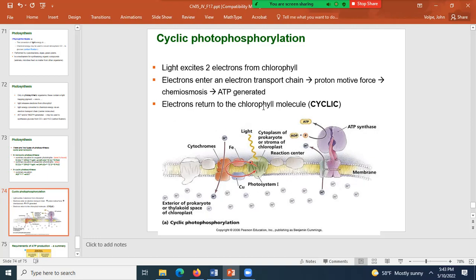This should sound familiar to you, because this is similar to the way that our cells make ATP from aerobic respiration.